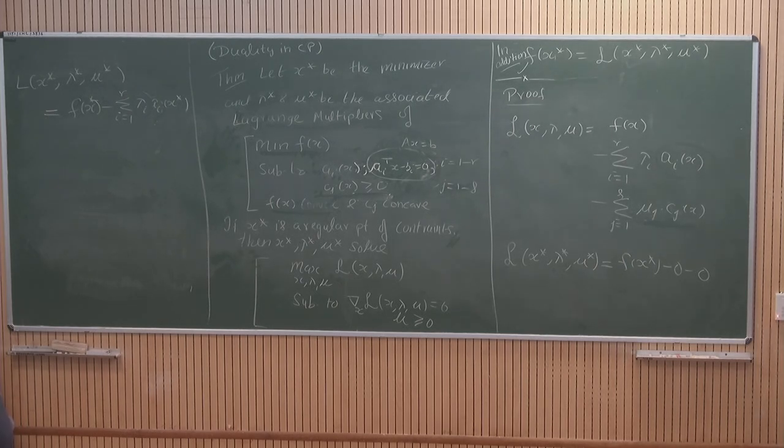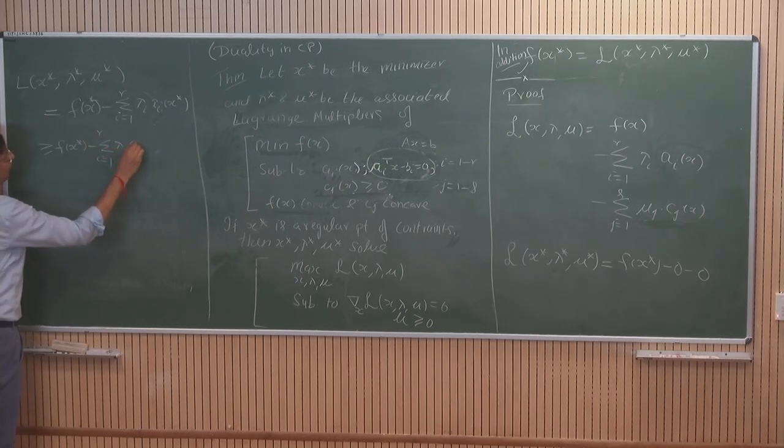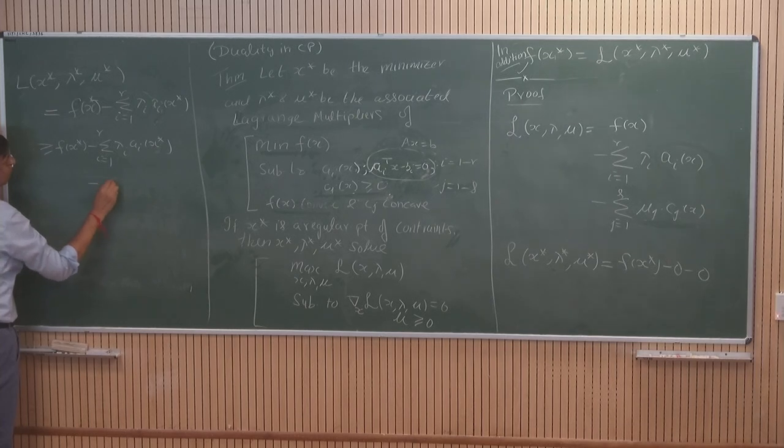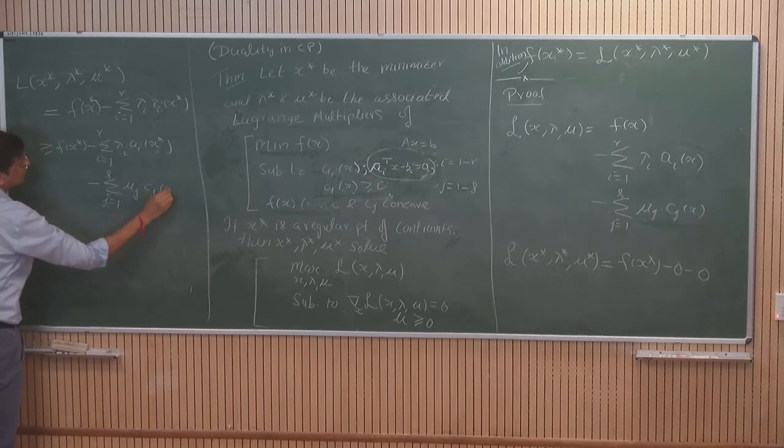Now what I'll do, can I write this as greater than or equal to f(x star) minus summation i equal to 1 through r lambda_i a_i(x star), because this term is 0, minus summation j equal to 1 through s mu_j c_j(x star).